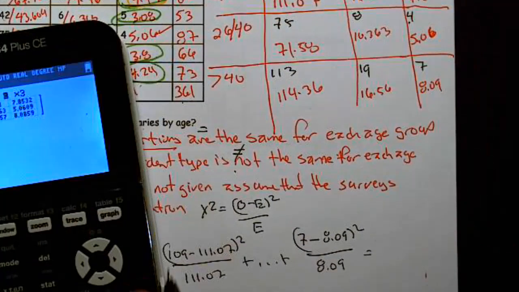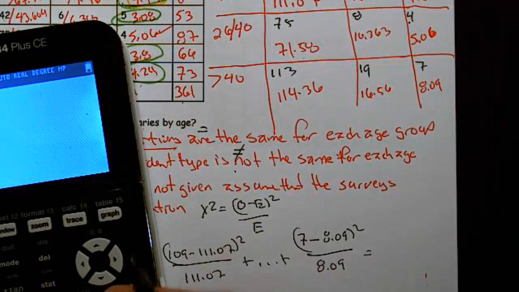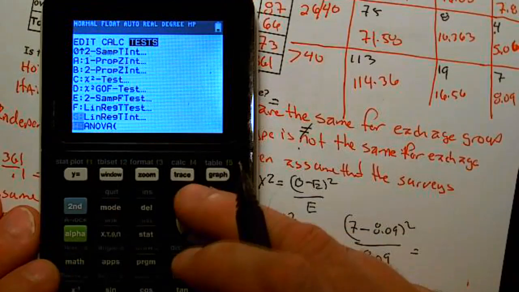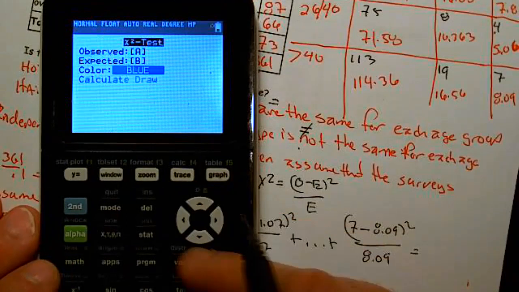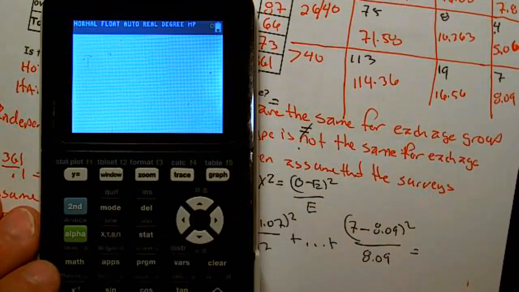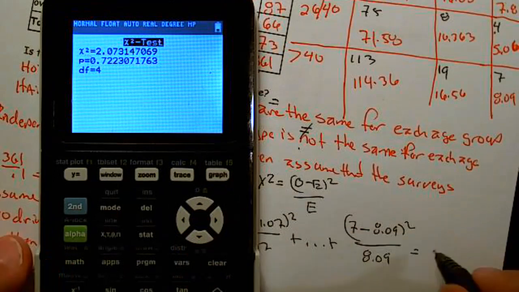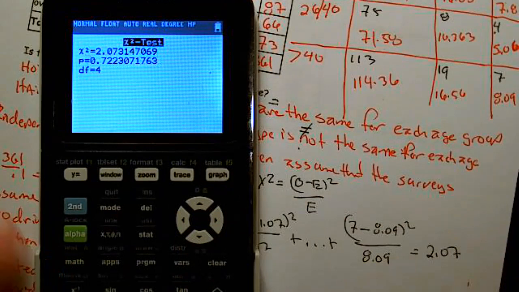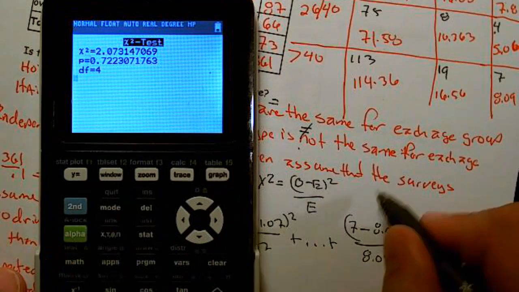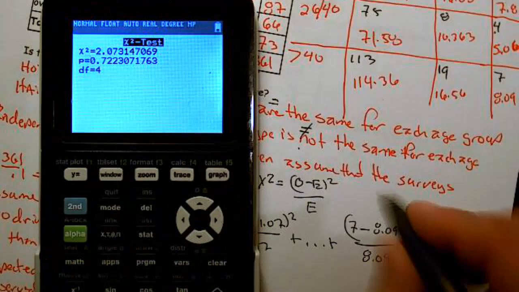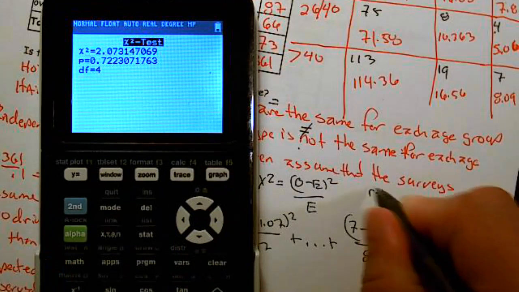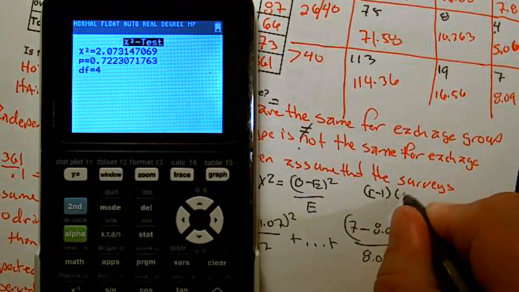And when we run this test, stat test, what did we get? We got a chi-squared value of 2.07, right? And our degrees of freedom they calculated for us, but let's go ahead and show how they did that. They went rows minus 1 times columns minus 1.